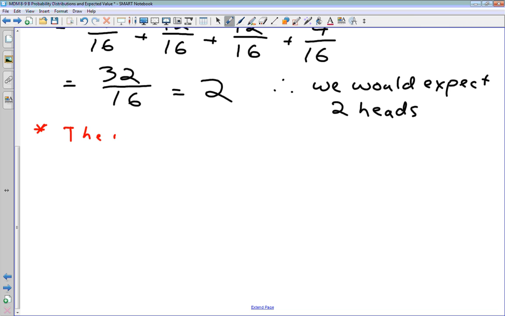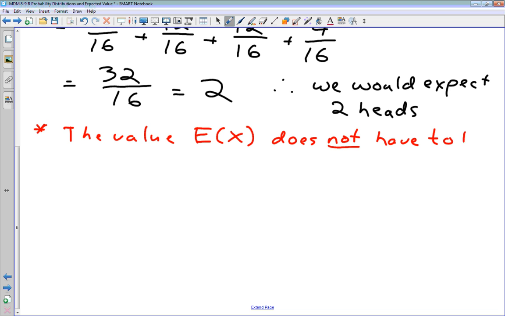The value E of x, expected value of x, does not have to be a possible outcome.